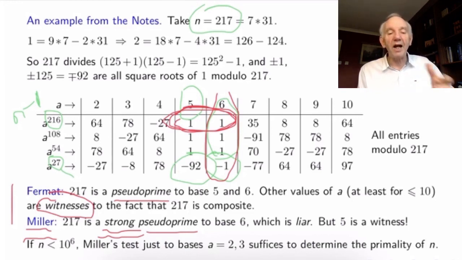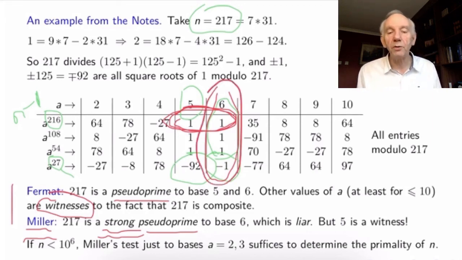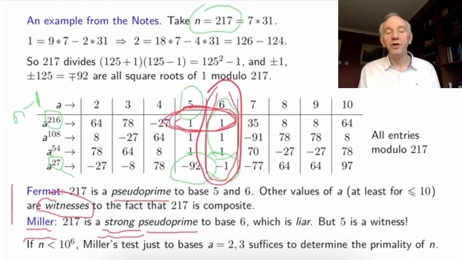And 6 is a liar. 6 is lying about the status of 217. Base 6 is lying because it seems to be all okay, but it's not. 217 is not a prime number, even though the column under 6 seems to suggest it is. So we say 6 is a liar. On the other hand, 5 is a witness, because 5 does show you with Miller's test that 217 is not prime.